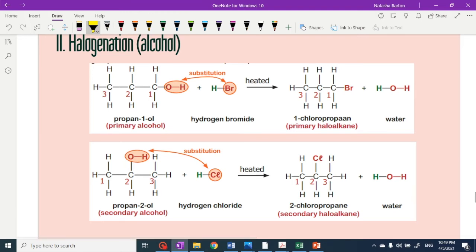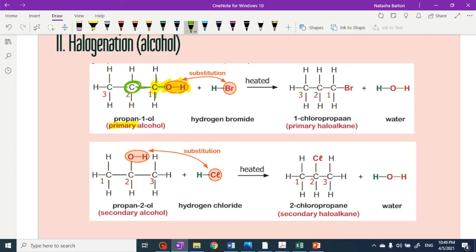Now we move on to the primary alcohols and secondary alcohols. A primary alcohol is one where the carbon onto which our hydroxyl group is attached is only bonded to one other carbon. So remember, carbon has space for 4 bonds. The one bond is to the OH, the other bond is to the carbon, and the others are taken up by hydrogen.